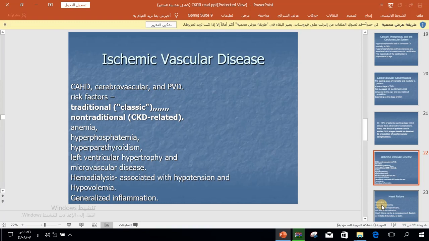On the top of the list are anemia, hyperparathyroidism and hyperphosphatemia. Left ventricular hypertrophy due to hypertension or volume overload, microvascular disease, and hemodialysis itself is associated with hypotension and hypovolemia, which can lead to ischemic heart disease. And finally, which is important, we mentioned in the first lecture that CKD is a state of generalized inflammation.